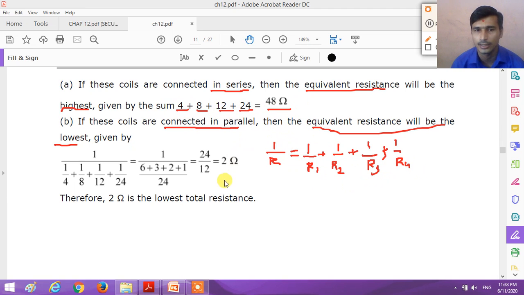Right? We get the lowest resistance of 2 ohm. So try to calculate this resistance yourself.